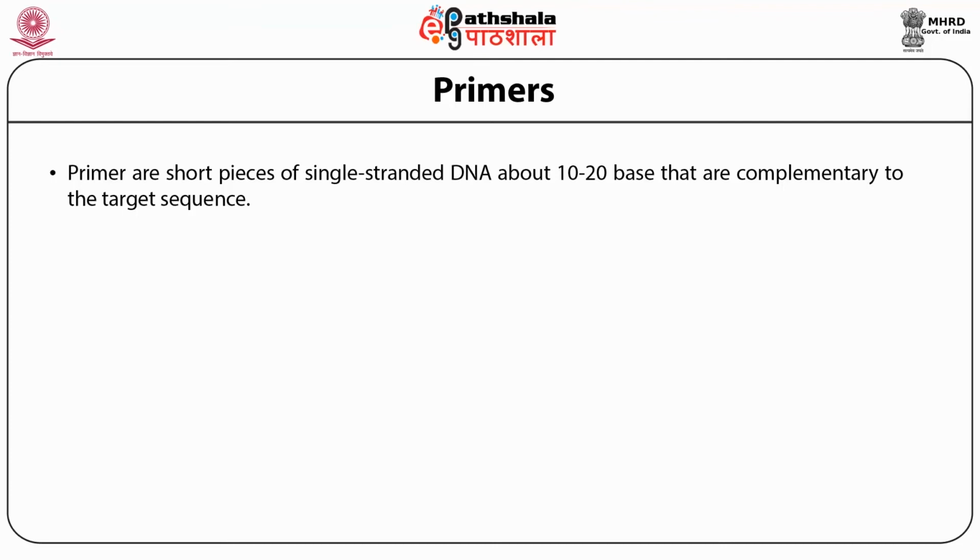A higher primer to template ratio may result in non-specific amplification and formation of dimers of primers. In most PCR, a set of two primers, that is forward primer and reverse primer, is used to amplify a specific region of a gene.